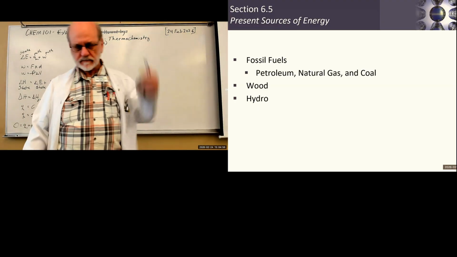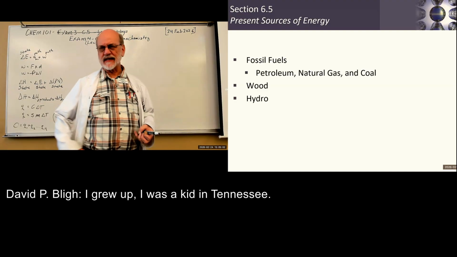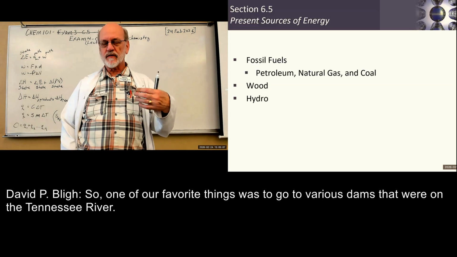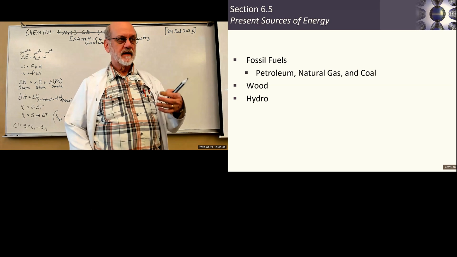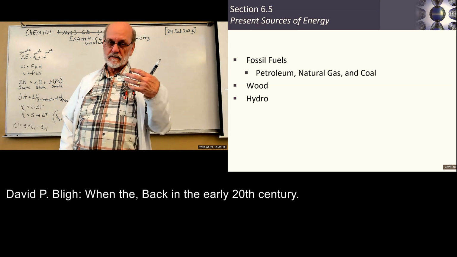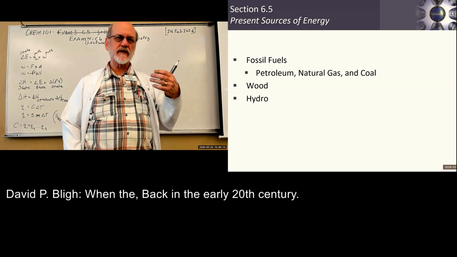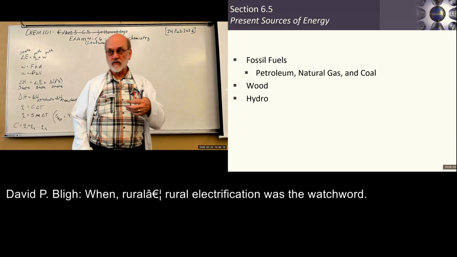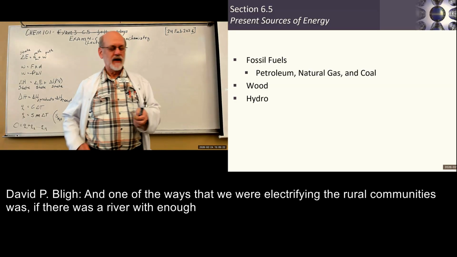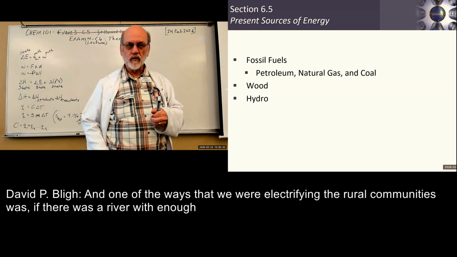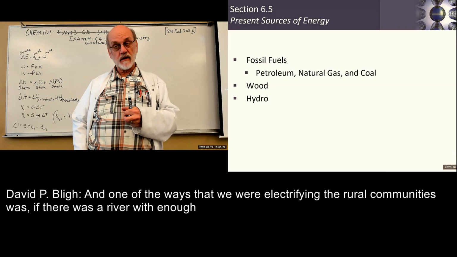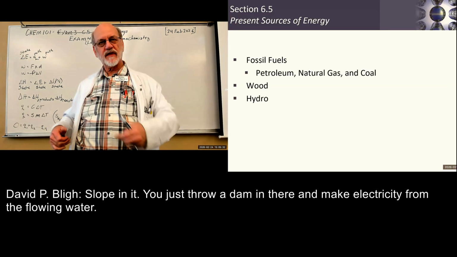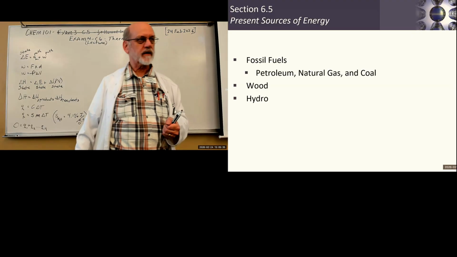Hydroelectric, right? I grew up, I was a kid in Tennessee. So one of our favorite things was to go to various dams that were on the Tennessee River back in the early 20th century, when rural electrification was the watchword. And one of the ways that we were electrifying the rural communities was if there was a river with enough slope in it, you just throw a dam in there and make electricity from the flowing water.